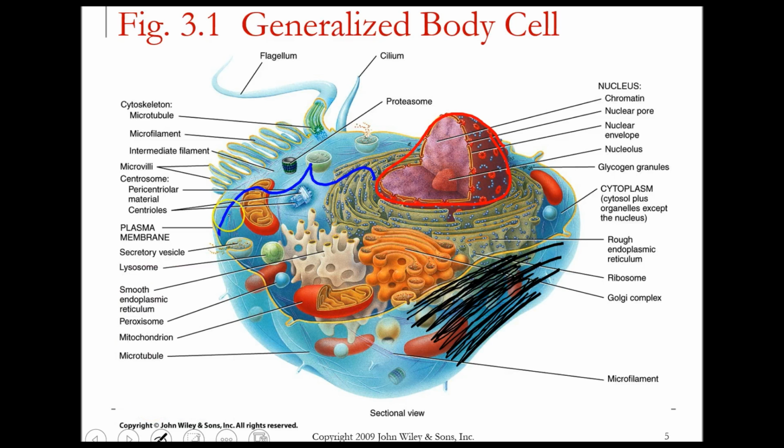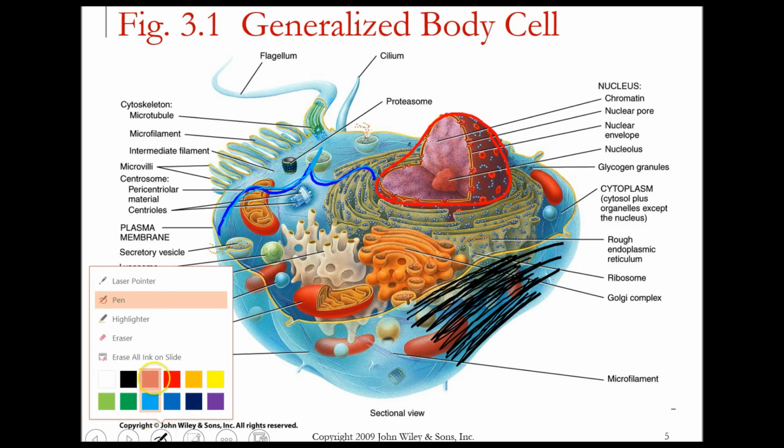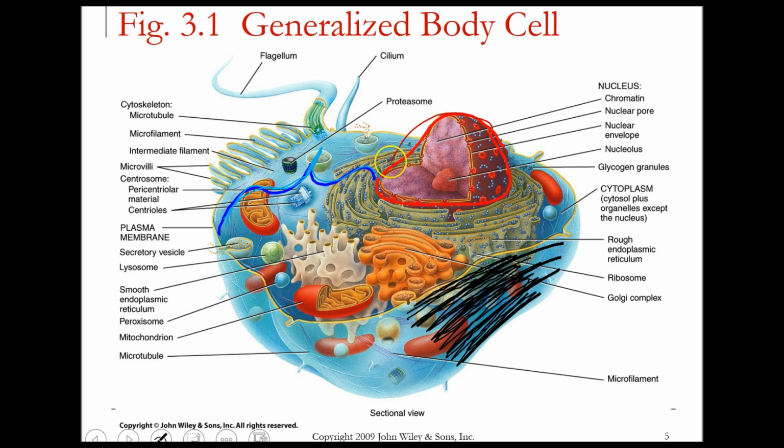So all of this material in between right here, that is the cytoplasm. And then finally we have the nucleus. So here you can see the nucleus outlined in red, a very large organelle, but a very important organelle, important enough that we give it its own level of organization within the cell.